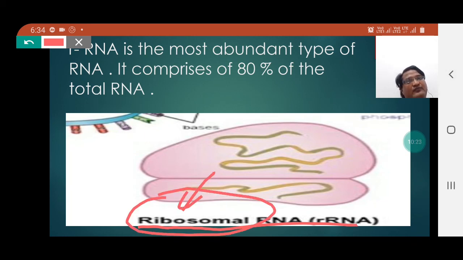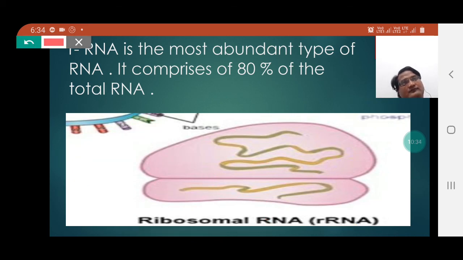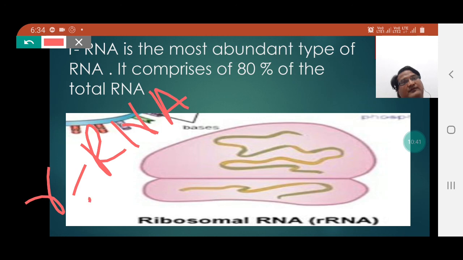It is called ribosomal RNA because rRNA generally remains present inside the ribosomes. So students, rRNA remains present inside the ribosomes.